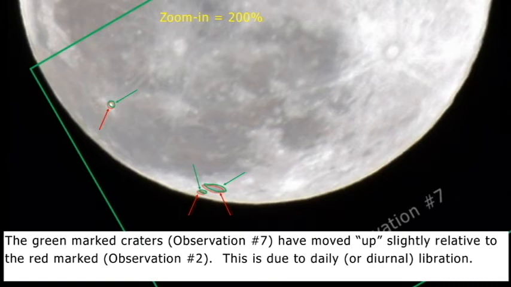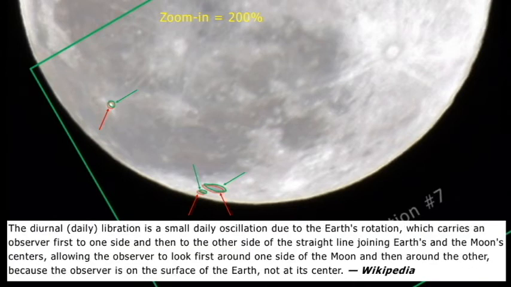This is due to our daily or diurnal libration. This is what allows us to see more than 50% of the moon. So does longitudinal and latitudinal libration as well, but you can't really observe that in a 3-hour period. So that's more over the entire year.